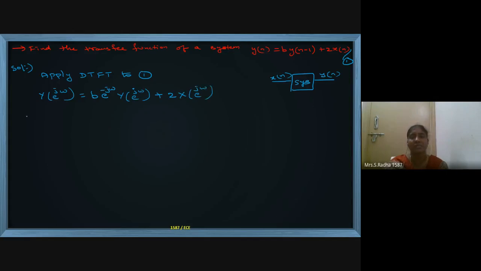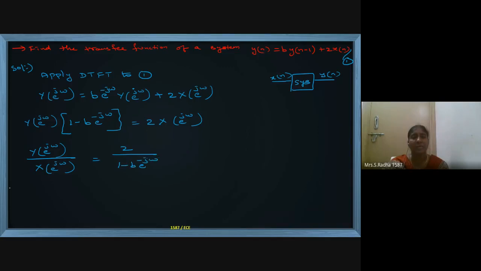I am making all Y terms together on one side, all X terms on the other side. Then if you make the fraction Y of e power j omega by X of e power j omega, it becomes 2 by 1 minus b into e power minus j omega.